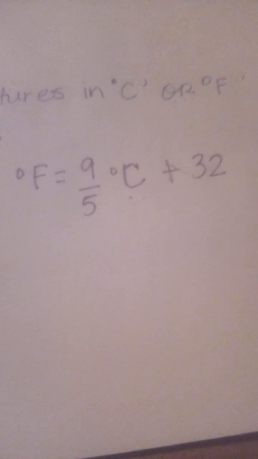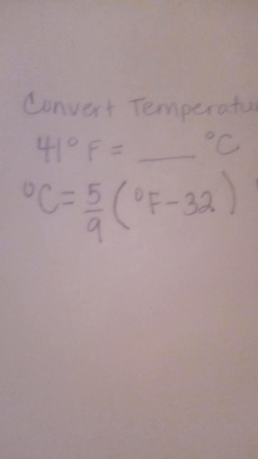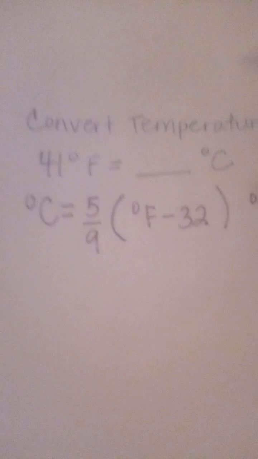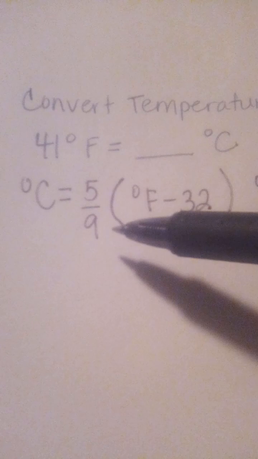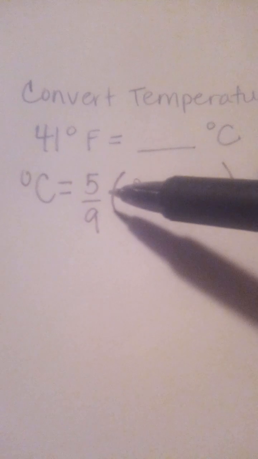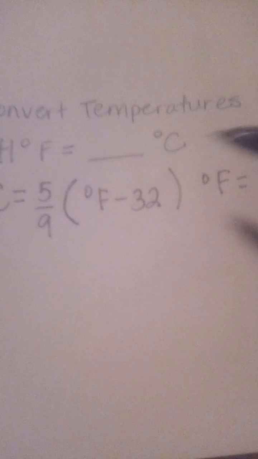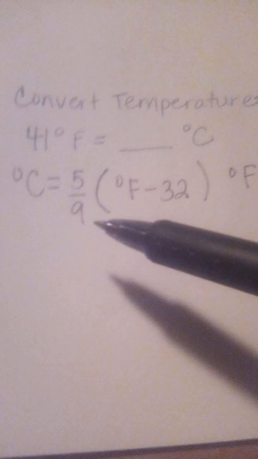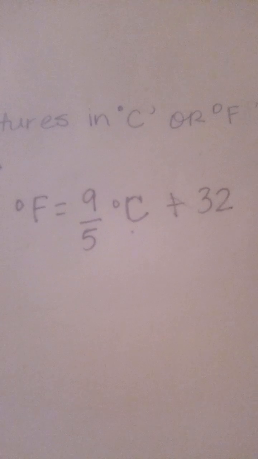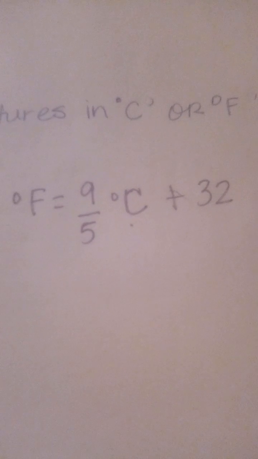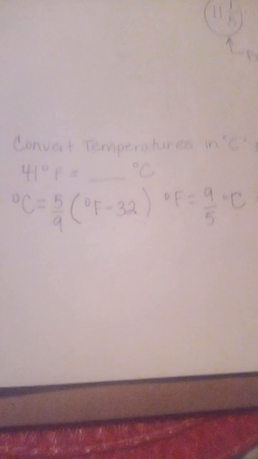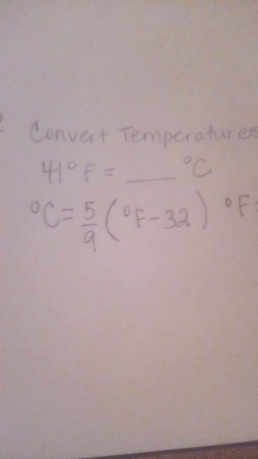Notice the difference between Fahrenheit and Celsius is that the fraction is reciprocal in the Fahrenheit, which is 9/5, and the Fahrenheit formula has no parentheses on the other side. That's the difference. You can see here and right here. Okay, so far we're okay on that. All right, let's move on.